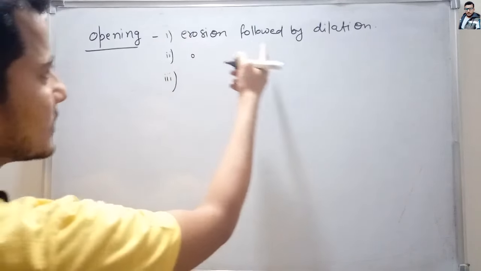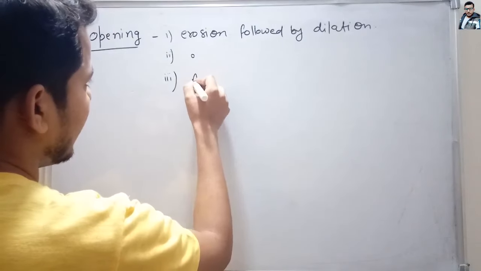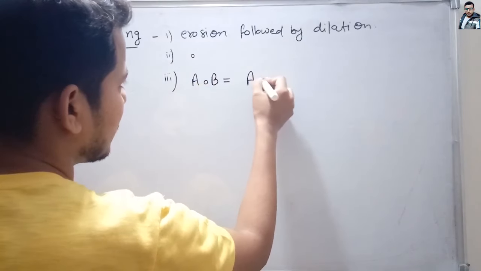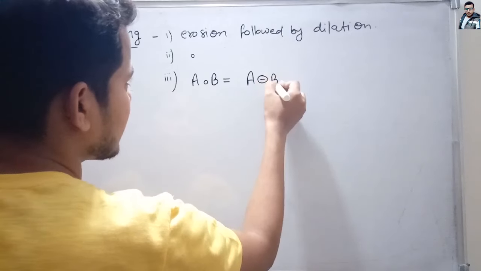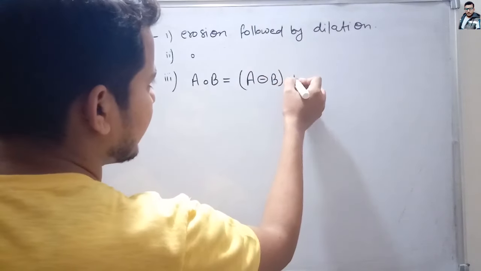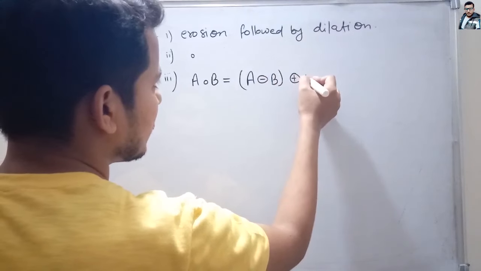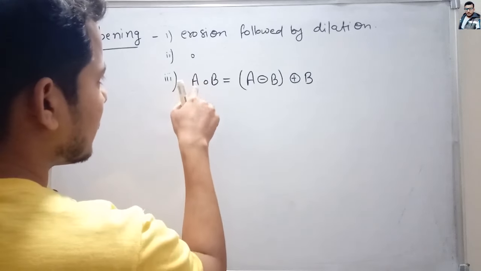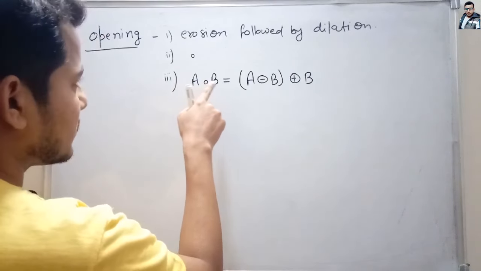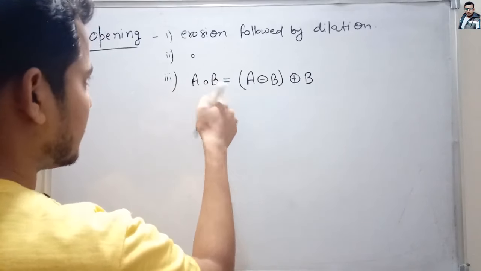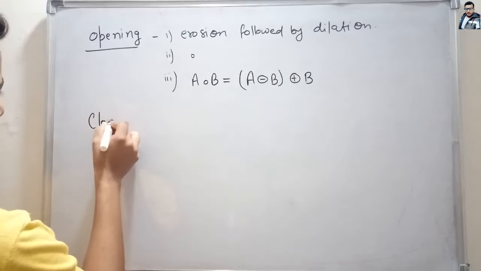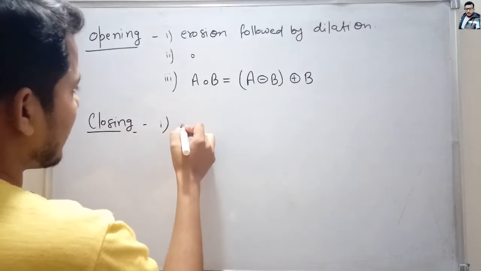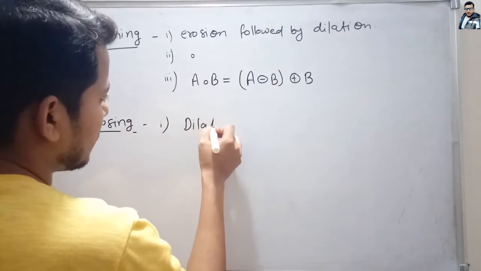So A opening of B will be equal to first erosion and then dilation: with A we first do erosion with B and then dilation with B. But in closing we will have dilation followed by erosion.